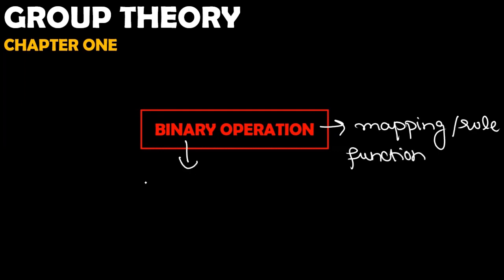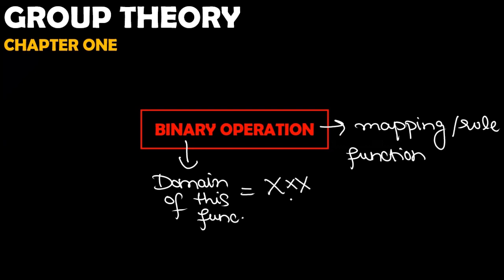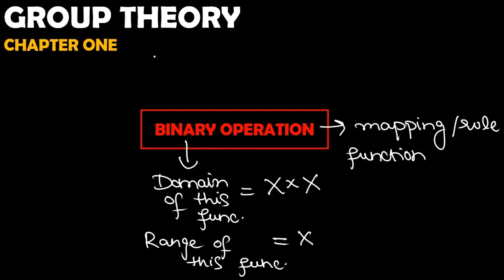The domain of this function is the Cartesian product of the set, and the range of this function is the set X itself. It is represented by a star, and it is a mapping such that the Cartesian product is the domain of the function and the range of the function is the set X itself, right?